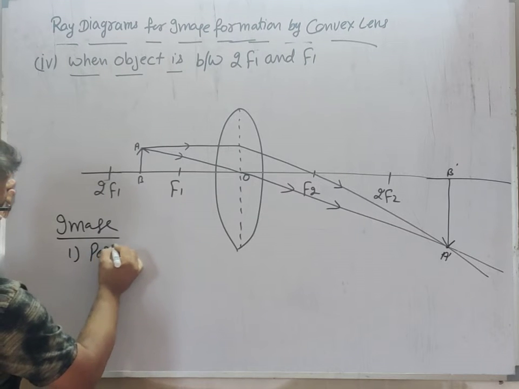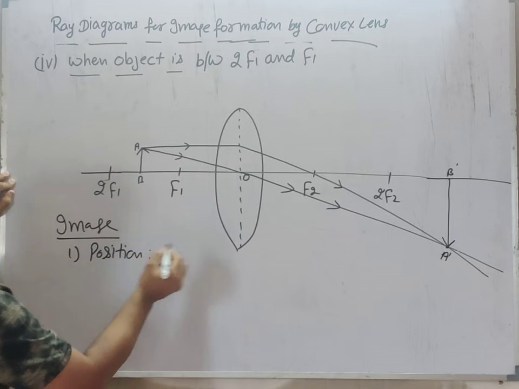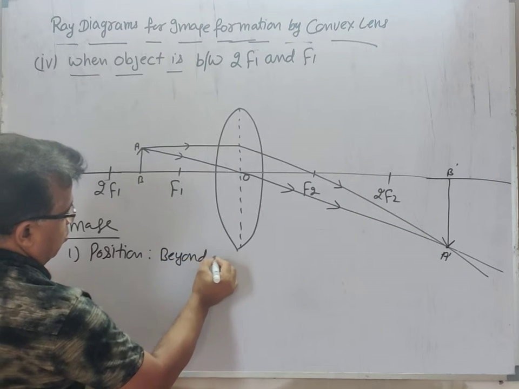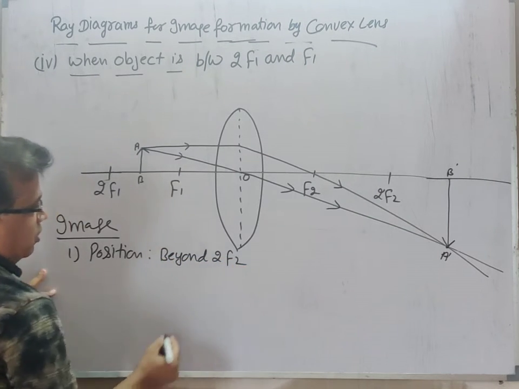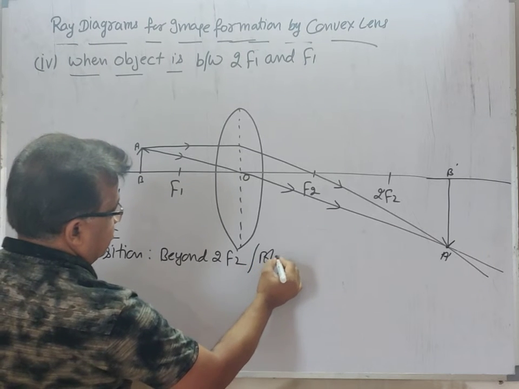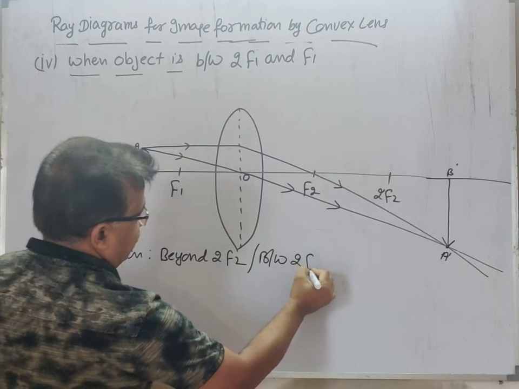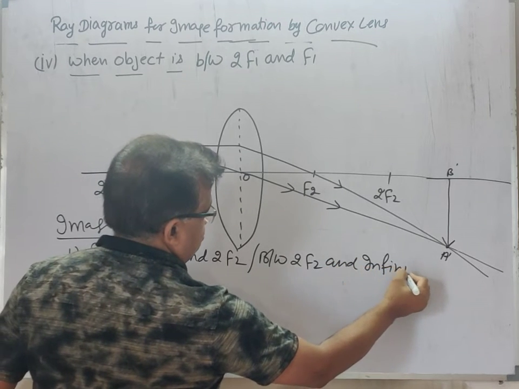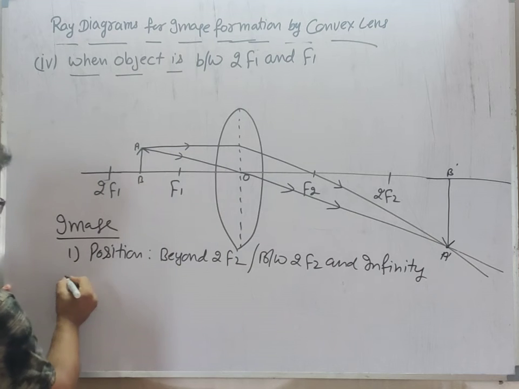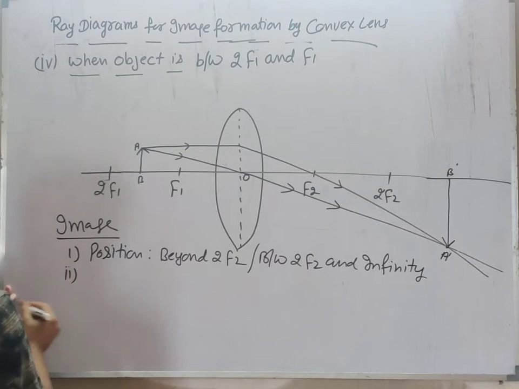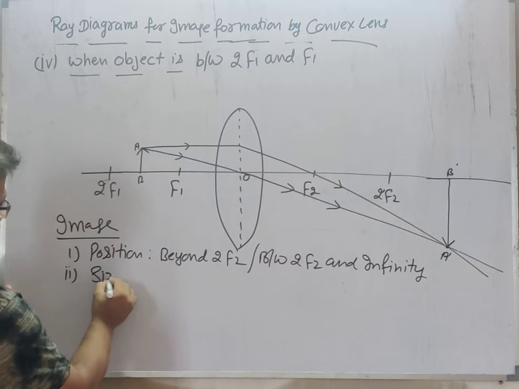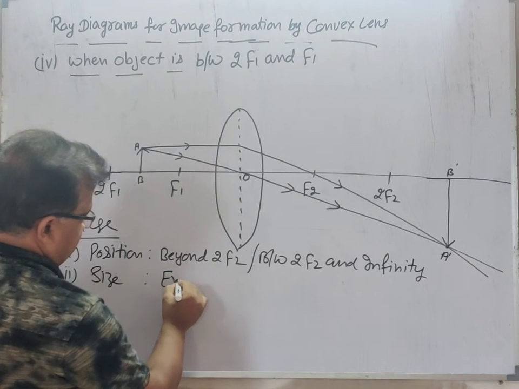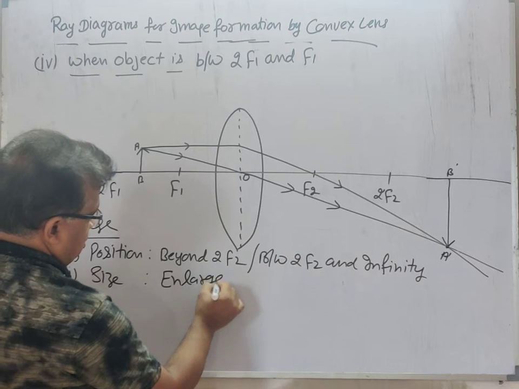What is the position of the image? Position is beyond 2f2, or it is also termed between 2f2 and infinity. Second is size. Size, you are observing, is larger than the object, so enlarged or large.